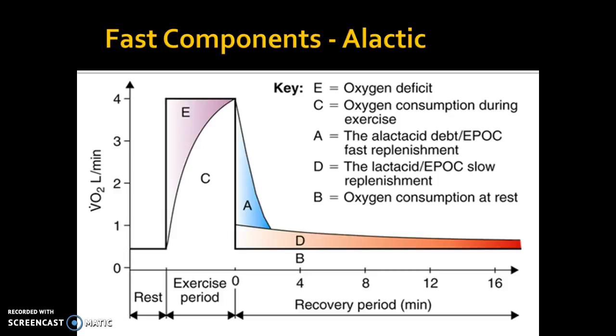So the aerobic system is used to replenish the ATP-PC system, and oxygen is used by the aerobic system to make energy for ATP and PC resynthesis, and to resaturate blood carriers, and it's a very quick process to happen.